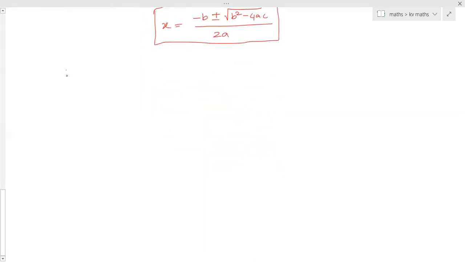Suppose first one is 2x plus 3 into 3x minus 7 is equal to 0. So how to find out the value of x?